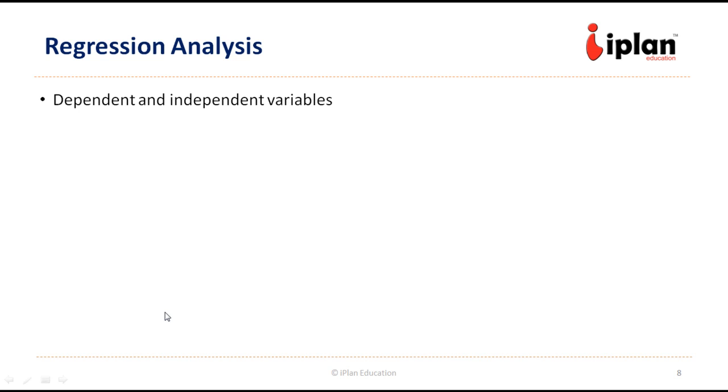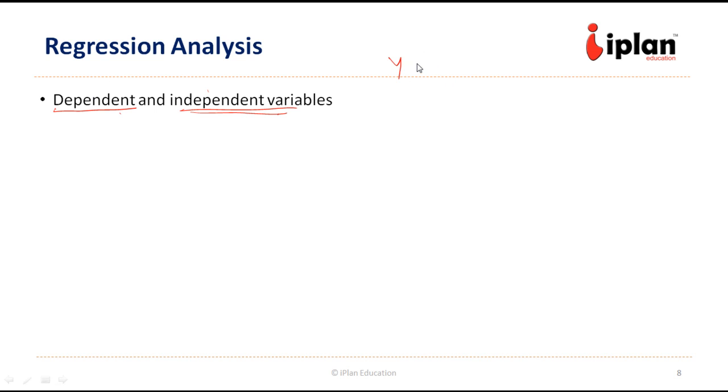So we are going to have two variables. One is the dependent variable, another is the independent variable. Since we are talking about a single regressor now, we are going to have only one independent variable in this case, and the dependent variable is always one.